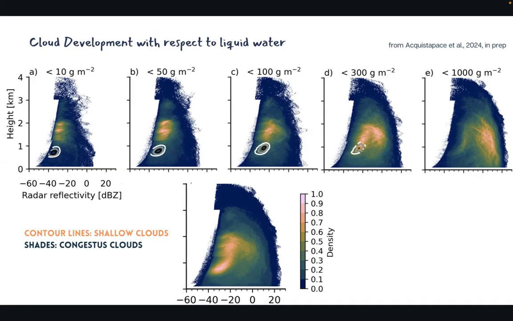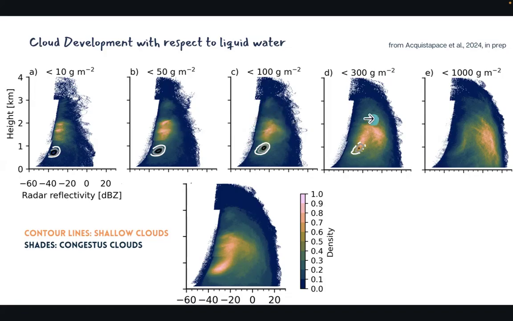If we look instead at the congestus clouds, you can really see that in the upper part of the cloud, you have a high occurrence of reflectivity beams, always below minus 20 dBZ. But then the more you increase in the liquid, the more there is a transition of reflectivities to higher values, more or less at the same height, until this range of liquid water path.